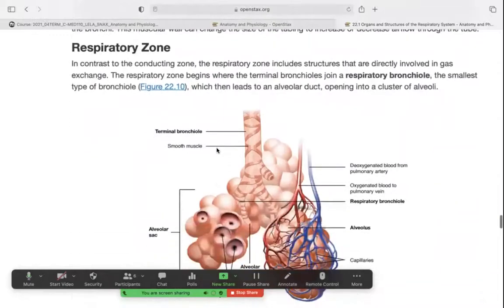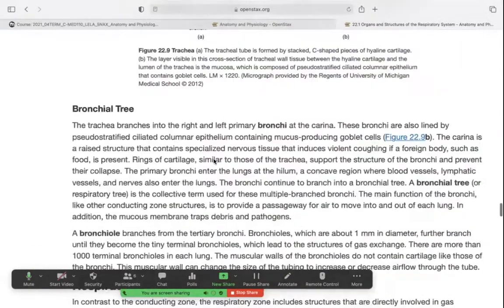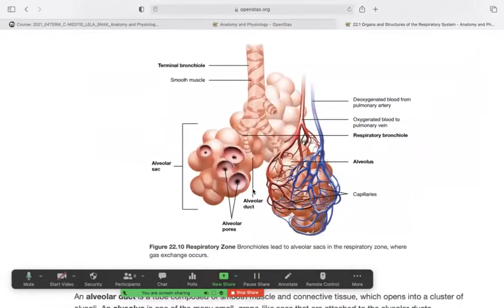Now, what's at the end of these branches when they get smaller and smaller and smaller? Well, at the end, this is the dangerous part. And that's why lower respiratory tract infections garner way more attention than your upper respiratory tract infection, like a sinusitis.